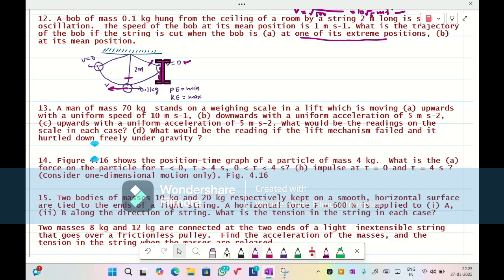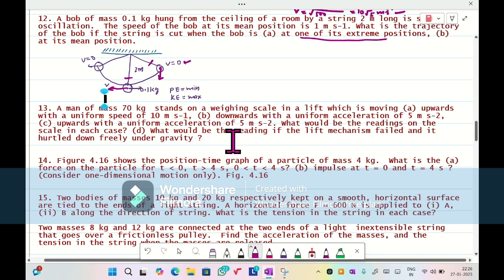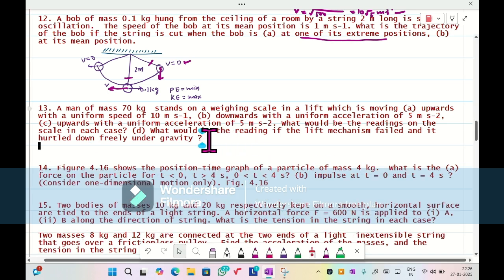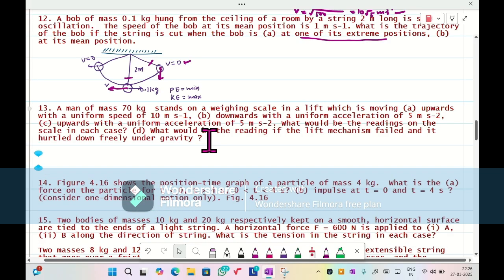It wants to remain at rest, it is not moving, but the support is cut, so it falls freely. And here it wants to move in this direction, so when cut it will move in that direction, since unless an external force acts, it continues its state of motion. I hope you understand. Along with the concept we will go, then it is better.